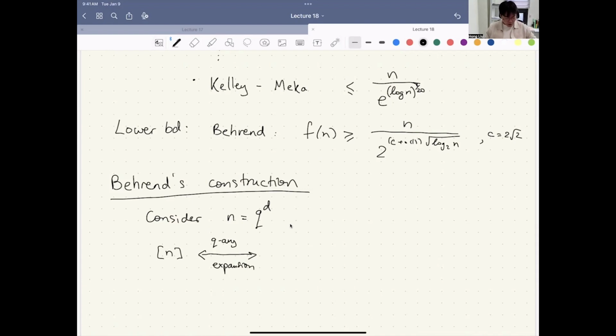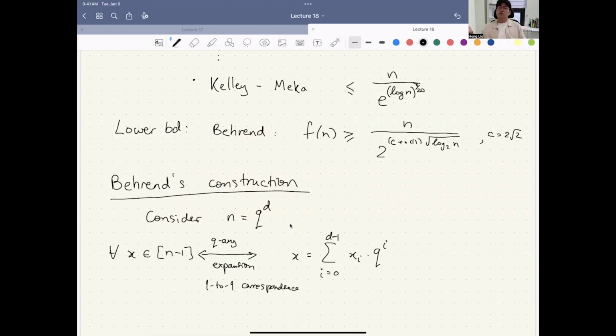So how do we do it? Each number x from 0 to n minus 1 we can write as x equals the sum over i from 0 to d minus 1 of x_i times q to the i. This is the q-ary expansion, a one-to-one correspondence.